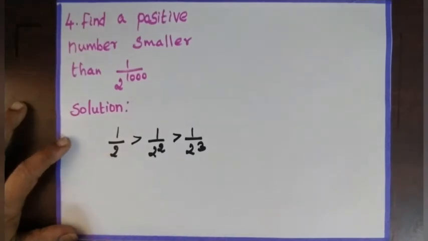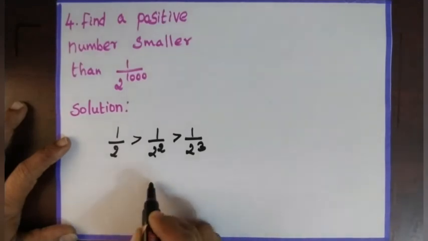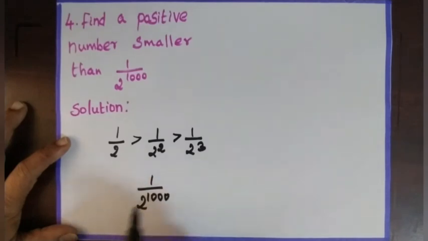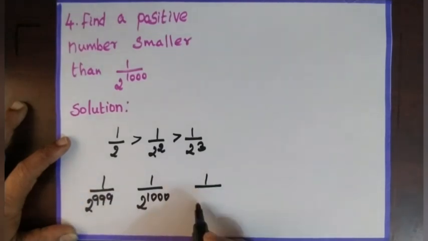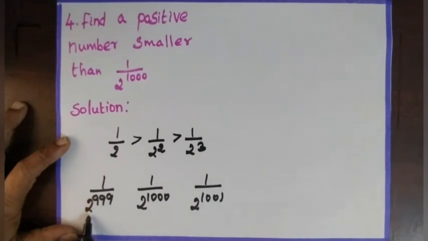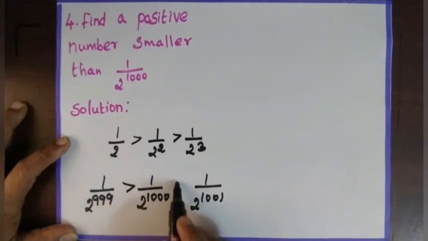Now, we are going to use the same method for this problem. 1 by 2 power 1000, 1 by 2 power 999, 1 by 2 power 1001. 1 by 2 power 999 is greater than 1 by 2 power 1000, which is greater than 1 by 2 power 1001.